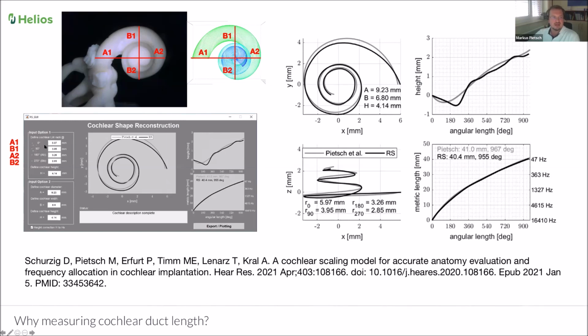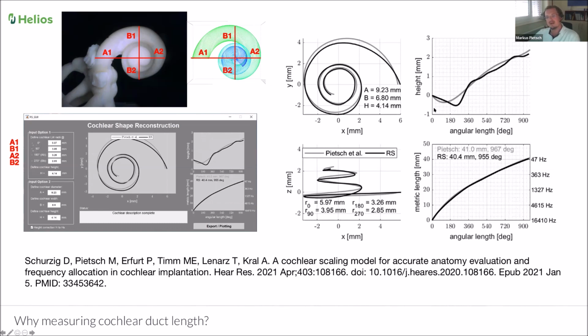And if you put those values in the software, it will give you a three-dimensional model of the cochlea. And the gray line is the Pietsch model, and the black line is the new RS model. The thing is that the RS model is way more accurate because it has more degrees of freedom.